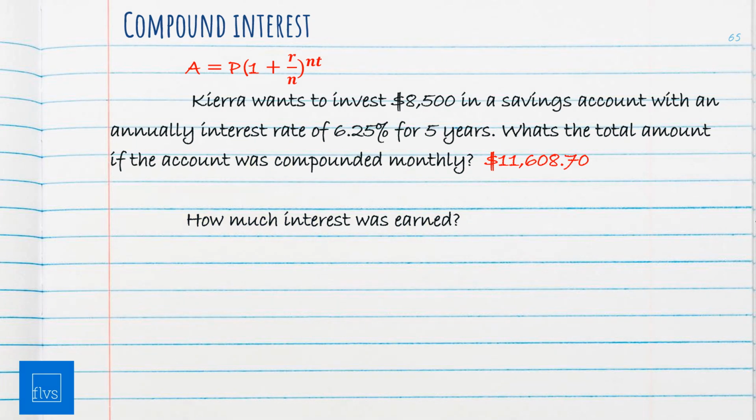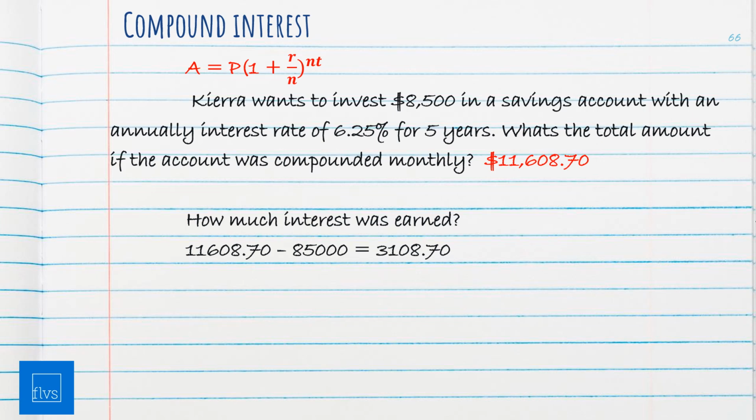Okay, so now let's take a look at the problem again. So we worked it out. We got $11,608.70. How much interest was earned? Well, if we want to figure out how much interest was earned, we're going to take that 11,608.70 minus the 8,500.